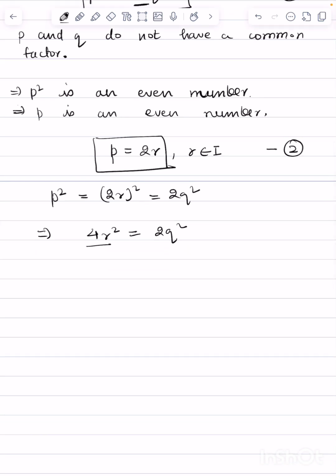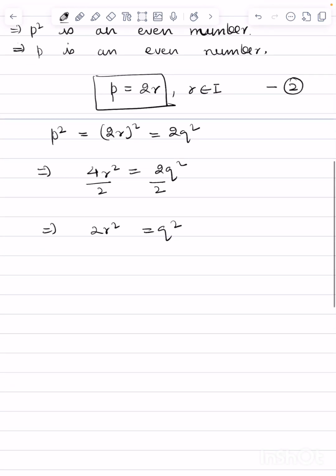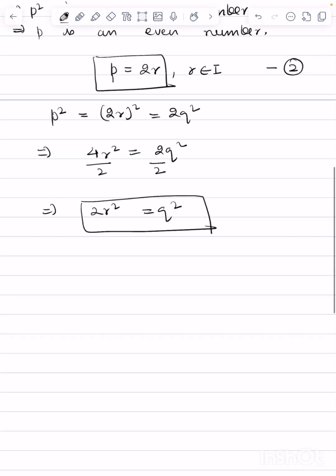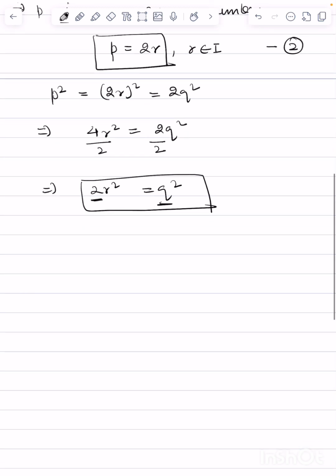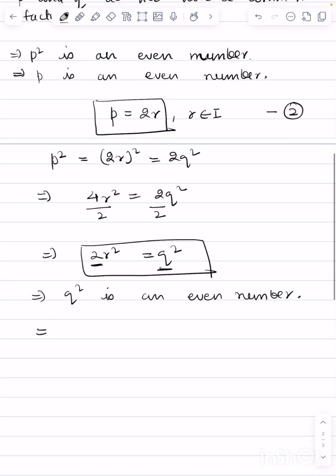Dividing both sides by 2, we get 2r square equals q square. Now look at this closely. This tells us that q square has 2 as its factor, so q square is an even number. This can also be said as q is an even number, since q square is an even number.